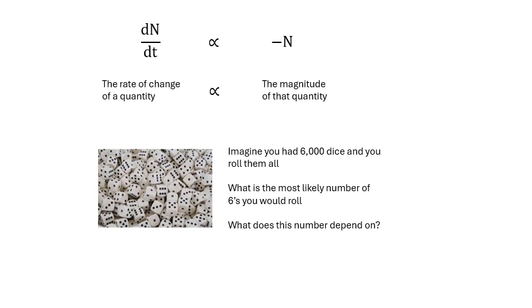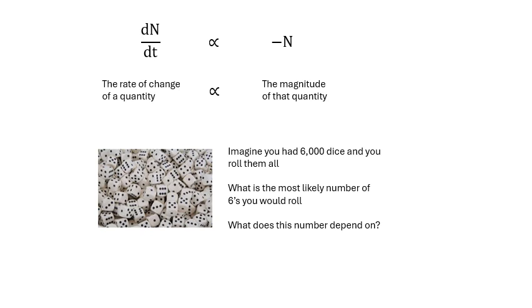Yeah, 6,000 dice, roll them all. The most likely number of sixes you would roll would be 1,000, isn't it? Now, what does that number depend on? Yes? Now, 1,000 is like 1 out of 6. What does that number, the 1,000, depend on?